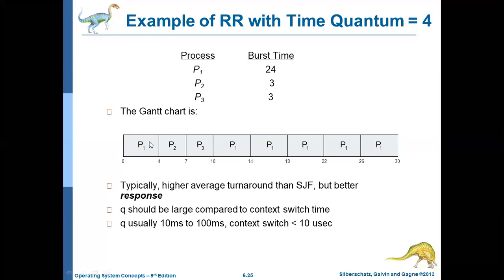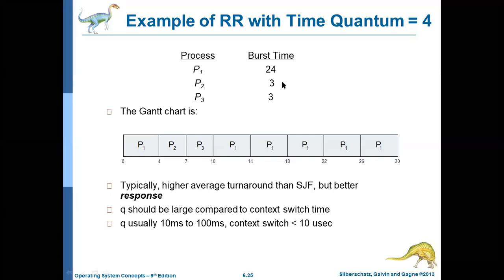P2 also completed. Now we have only 20 units of time left for P1. Only P1 gets executed because P1 is added to the ready queue in circular fashion. That's why in round robin implementation, you have to use a circular queue. After P3 execution, P1 enters the ready queue again. 10 plus 4, 14.